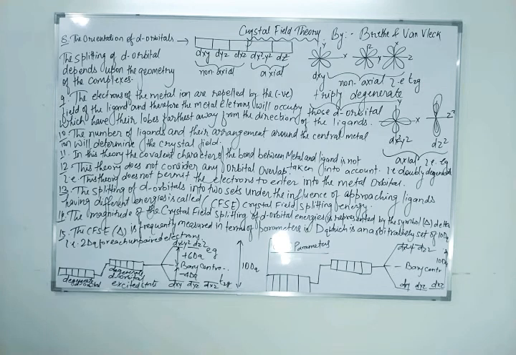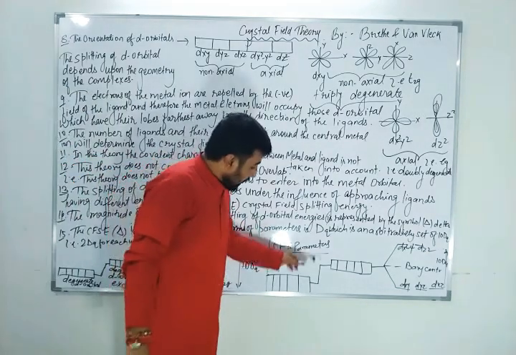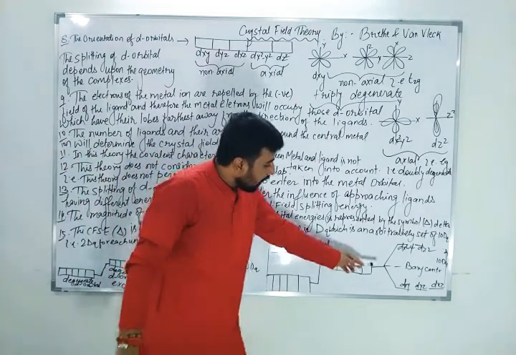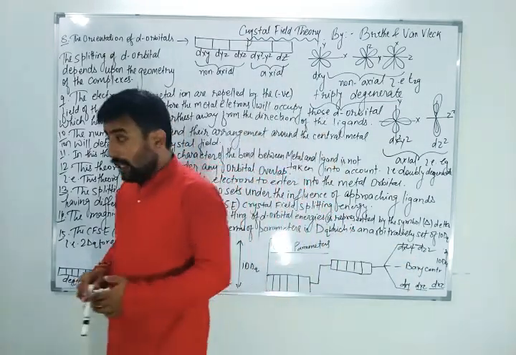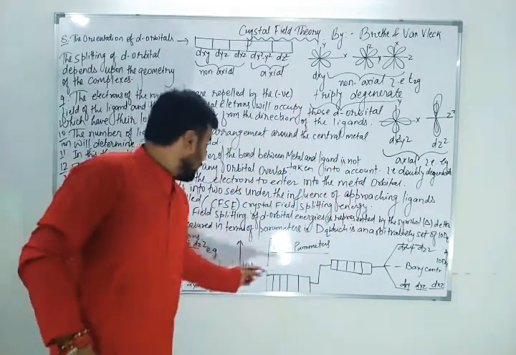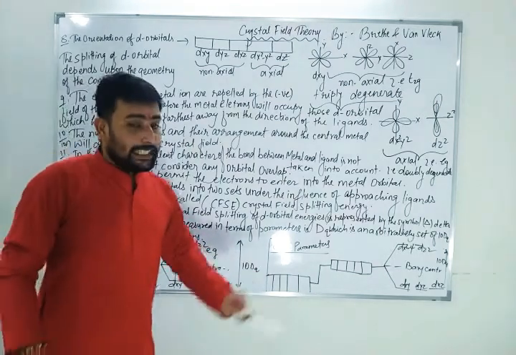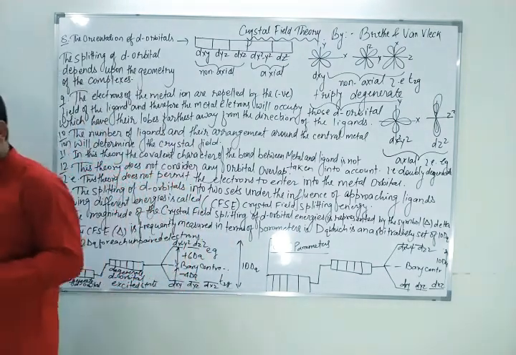The difference of energy between the two levels is called the crystal field splitting parameter. You can see the barycenter. The energy difference between dxy, dyz, dxz and dx square minus y square, dz square is the total 10 Dq, and the level between them is called the barycenter.